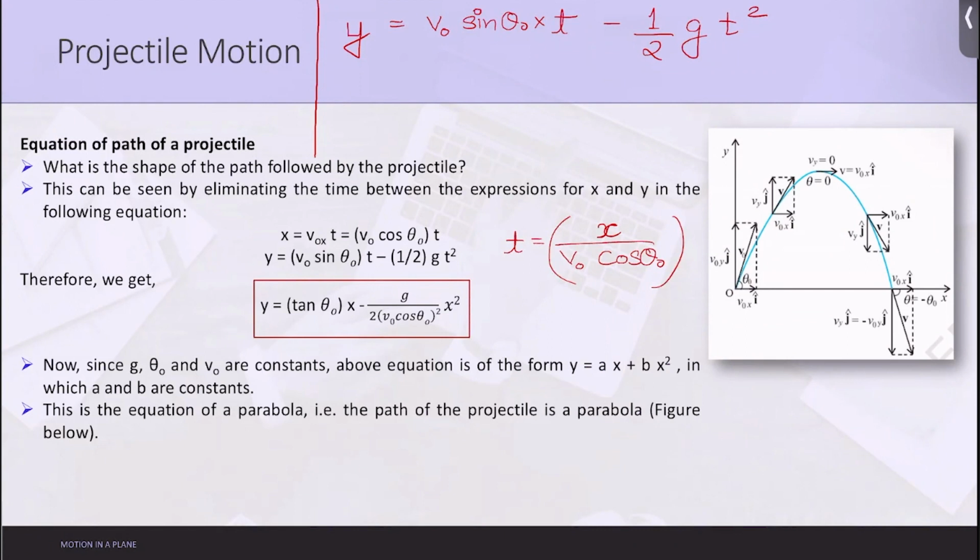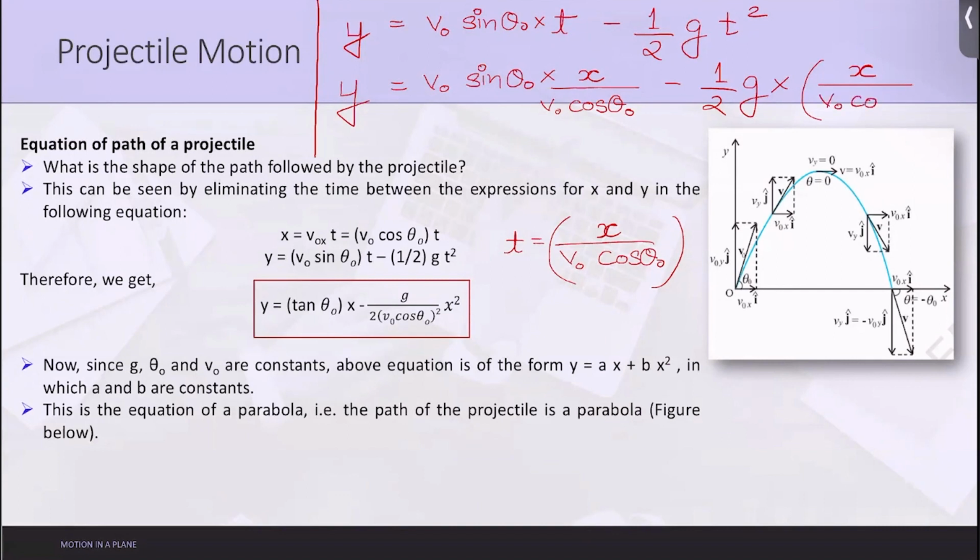So y is equal to v naught sin theta naught into x upon v naught cos theta naught, minus half into g into x upon v naught cos theta naught whole square.